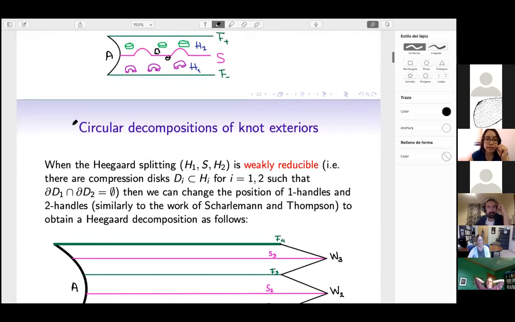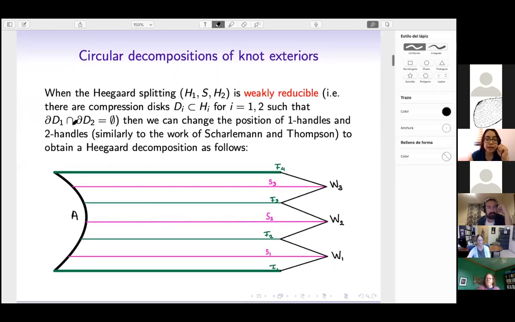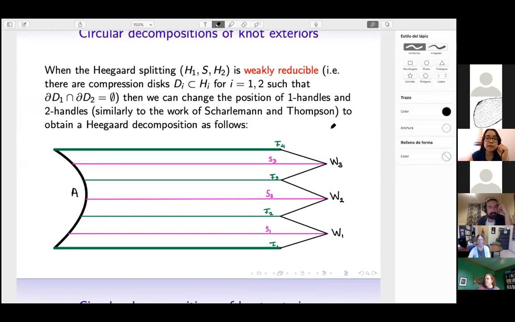When we have this situation, we can change the position of one-handles and two-handles, similarly to the work of Scharlemann and Thompson for closed three-manifolds, to obtain a Heegaard decomposition as follows. Here we start with F, our Seifert surface. We attach some one-handles, then obtain a Heegaard surface S1.